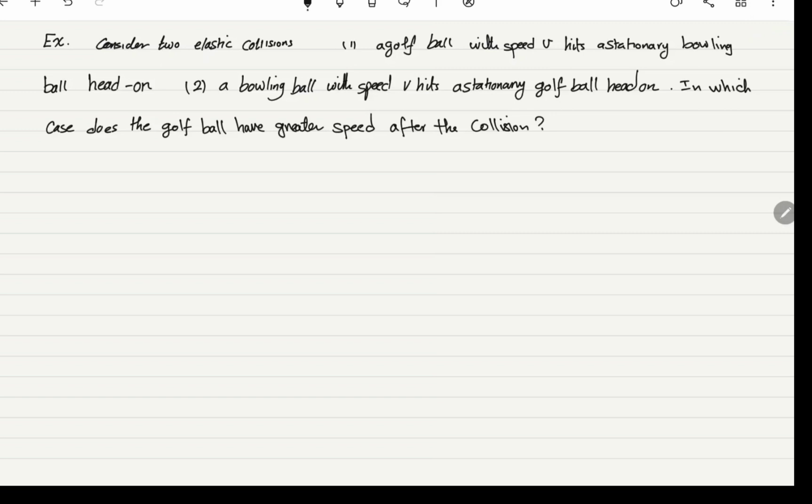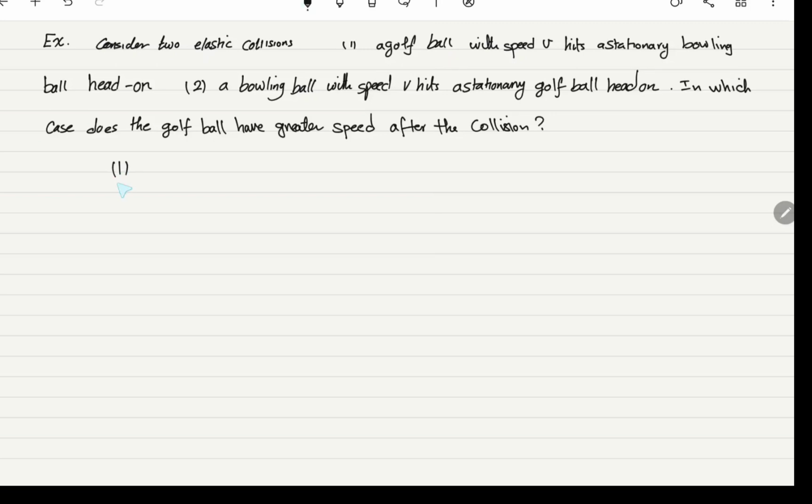Let's go back to the example. To answer this, remember the relative velocity has to be equal before and after the collision. In the first case, where the golf ball with speed v hits a stationary bowling ball, so the small ball hits a large one head on, the bowling ball almost remains stationary with velocity equal to 0, and the golf ball bounces back with the same speed as before the collision.